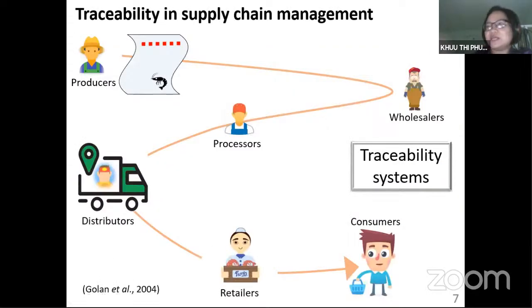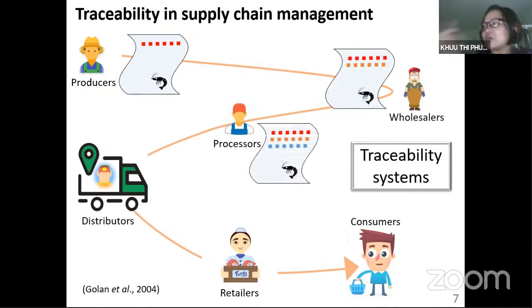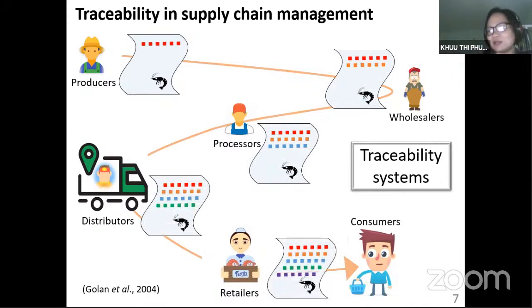And you can see my simulation about a traceability system. It's recording, keeping and sharing information along the agents of the supply chain. The information will be recorded by producers, then shared to the wholesaler, then shared to the processor, something like this.